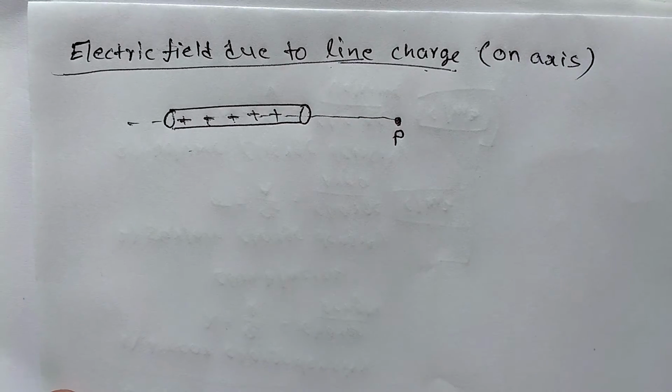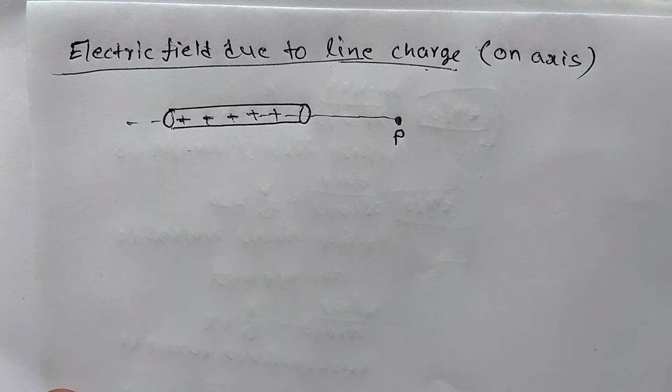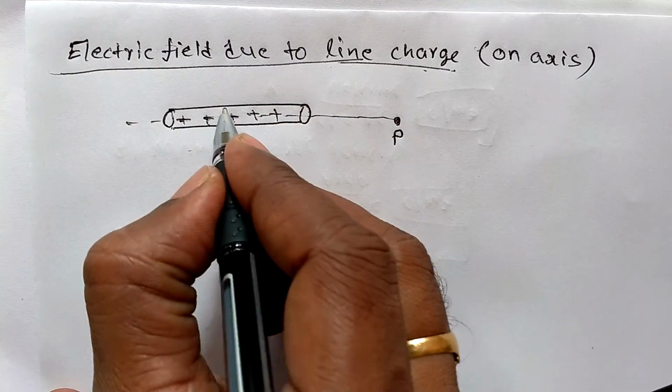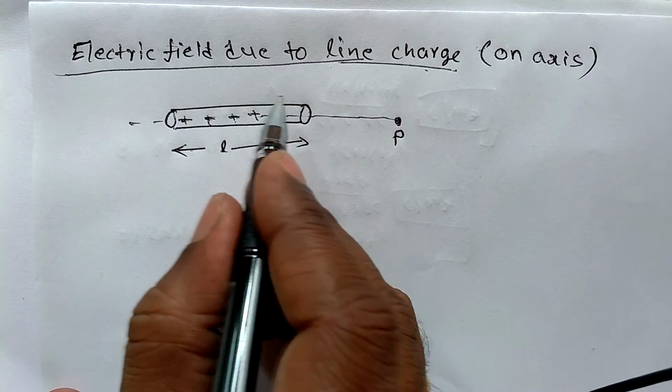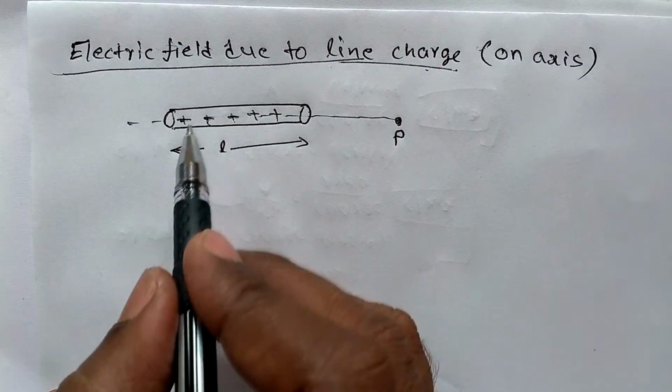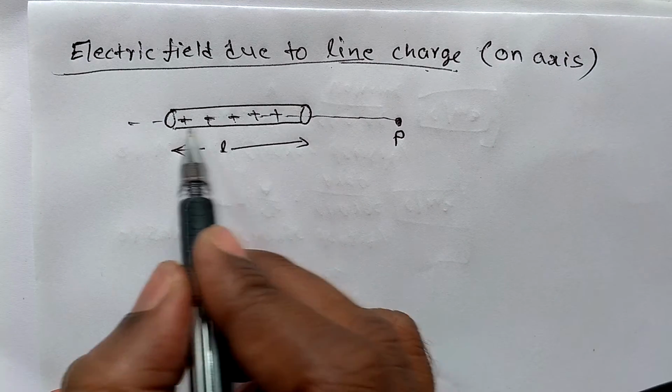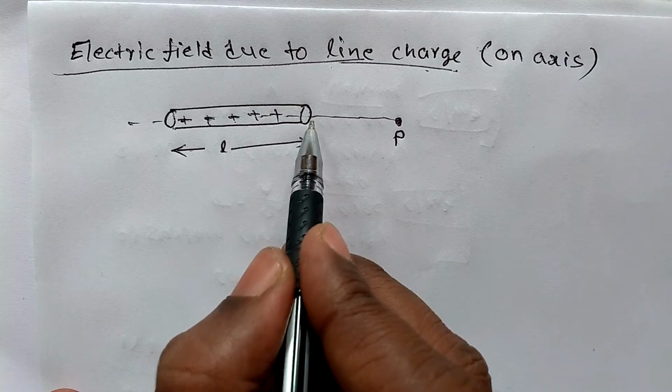Now to solve this type of question, first we have to determine how the charge is distributed. On this wire, the charge is distributed lengthwise uniformly.